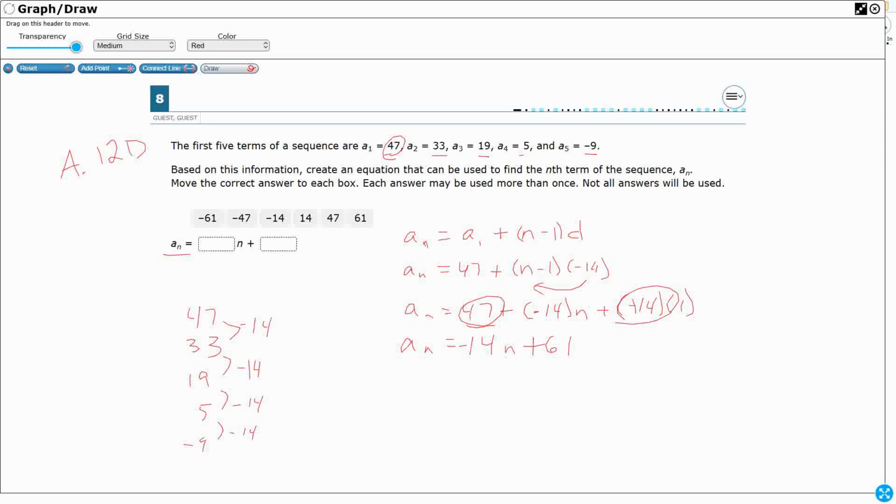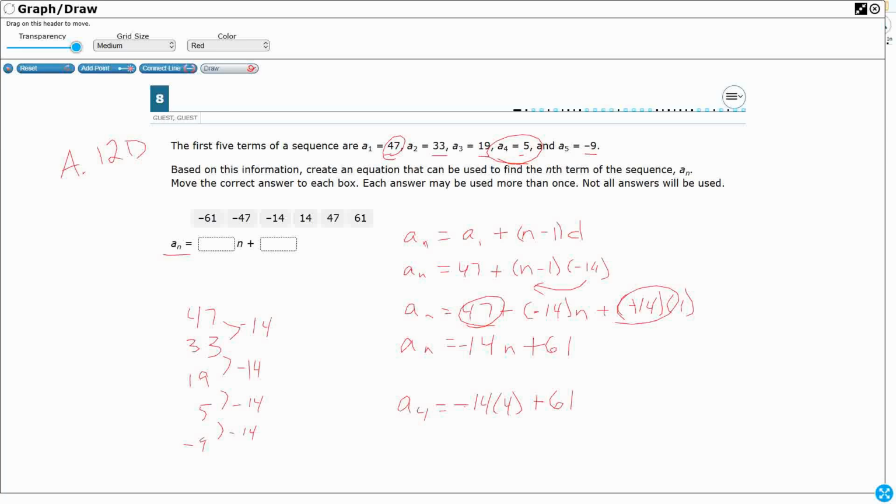So that could get us our next term, right? So a sub n equals negative 14 times that n plus 61. Let's just plug this in to make sure we got this right. A sub 4 equals negative 14 times 4 plus 61, right?